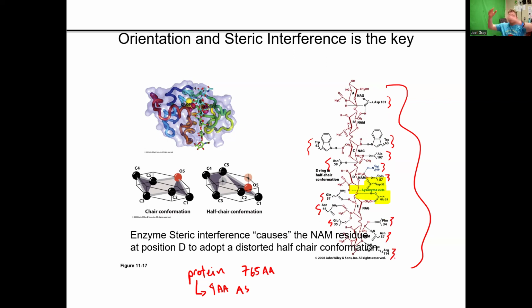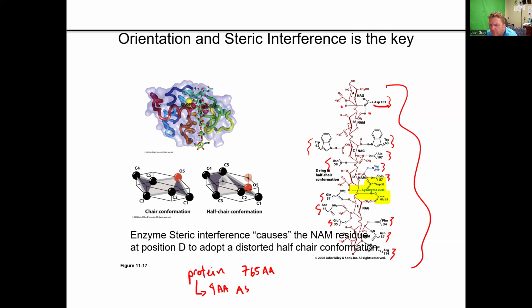That's a lot of amino acids. When we look at the mechanism, we're really only going to be looking at 2 of them. What's going on there? The answer is a lot, because each one of these amino acids is going to be doing something different. Aspartate 101, for example, is going to form hydrogen bonds with this group and this group.